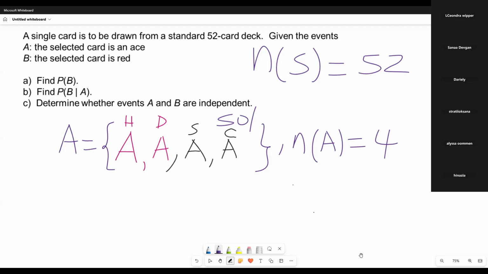So therefore, the number of outcomes in event A is 4. Now, about B. B, the card is red. So how many red cards do you have in the standard 52 card deck? Anyone? We talked about this last time.